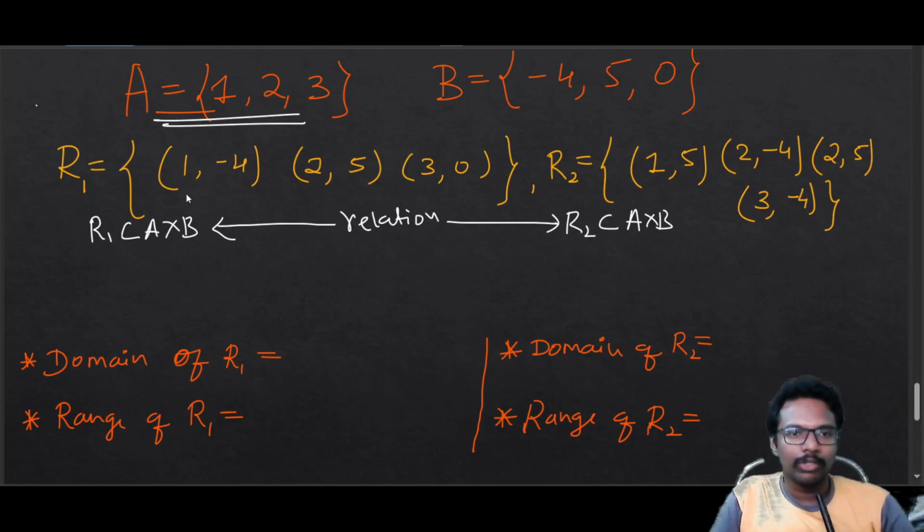If you observe the ordered pairs in R1 and in R2, those are all contained in the Cartesian product A cross B. So R1 and R2 are relations here.